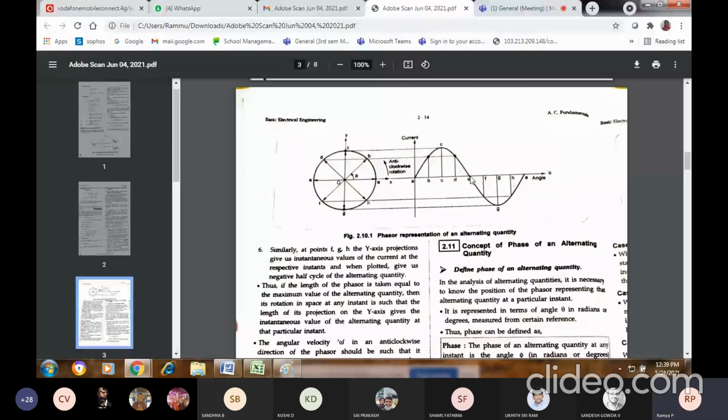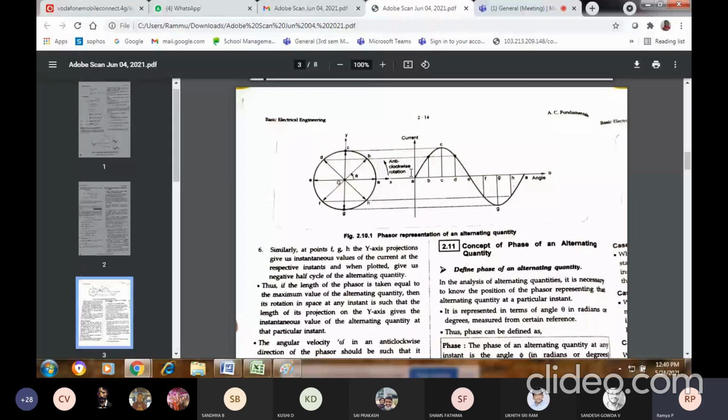But here it is 0 degree, 90 degree, 180 degree, 270 degree, and 360 degree. So the x-axis indicates the angle, and the y-axis indicates the current parameter. You can take voltage also, but to explain the concept of phasor representation, here they have taken current as the parameter on the y-axis.